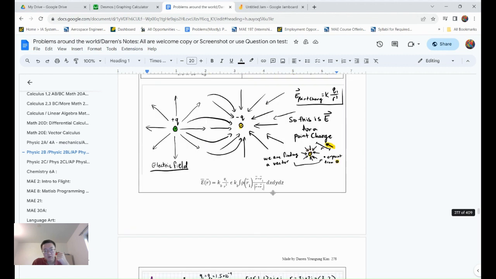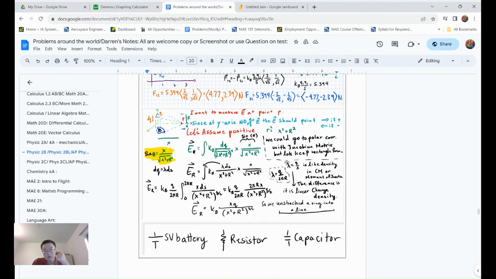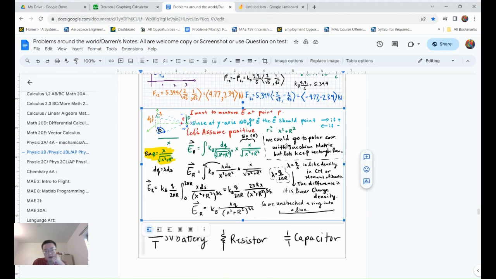Oh, actually, I got something wrong there. You could go to polar form with a Jacobian matrix. No, you can't. I mean, you could, by changing polar coordinates. You could technically change it to polar form, but I wouldn't recommend it because it would be way harder.